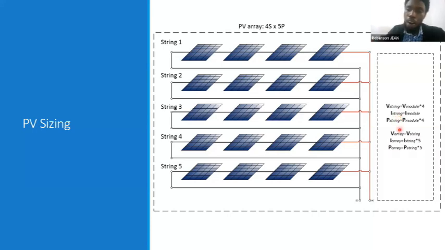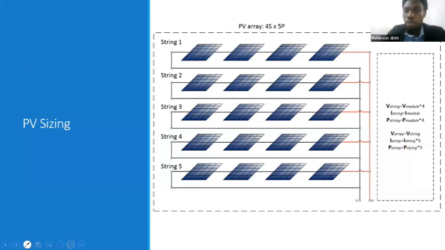Once we have the power of the system, we can determine with this line of calculation the number of modules and the power of one module. So we can inverse the calculation in order to find the characteristics of one module. Once we have the characteristics of one module, we can design the whole system.